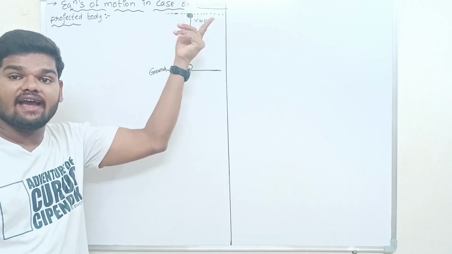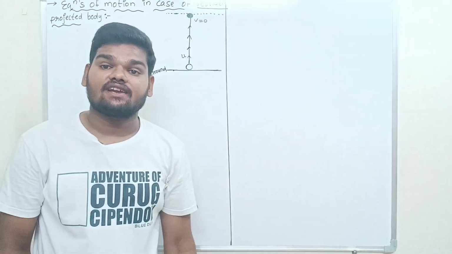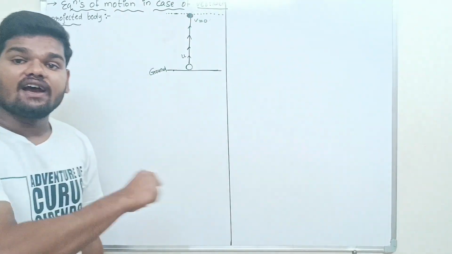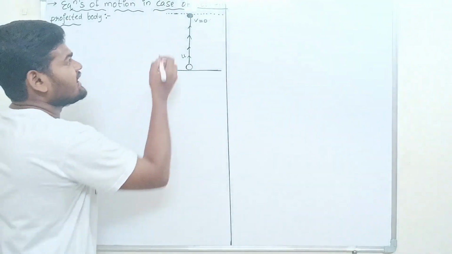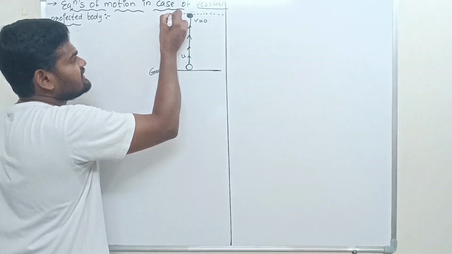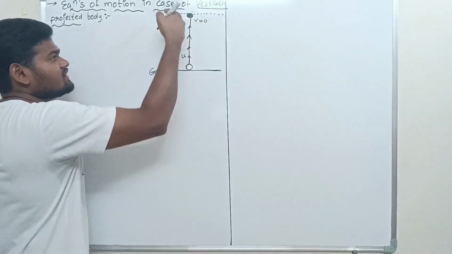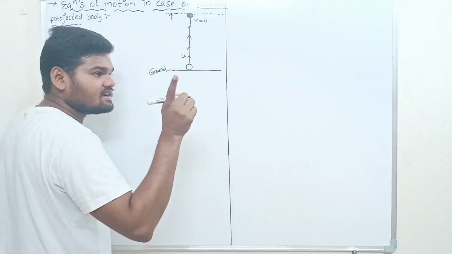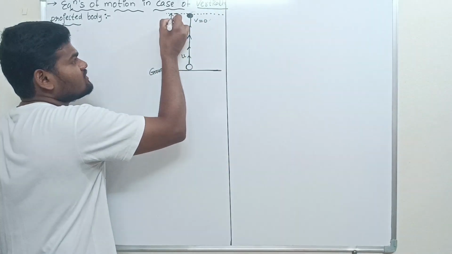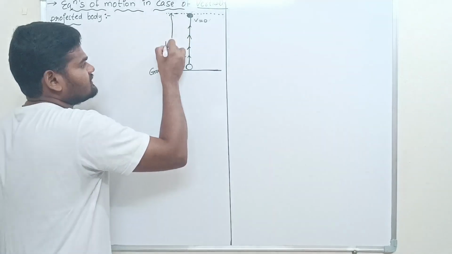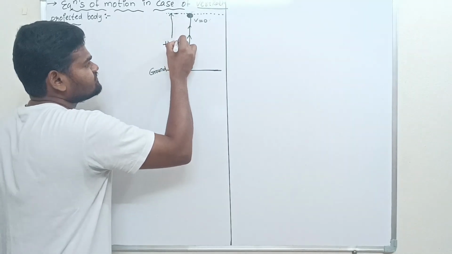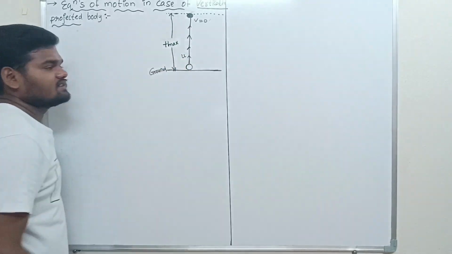The height at which the final velocity of the object becomes zero is called the maximum height. From this diagram, it is clear that at this height the final velocity of the object is zero, so this height is called h maximum, the maximum height.